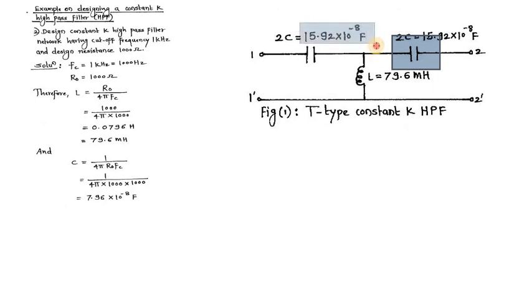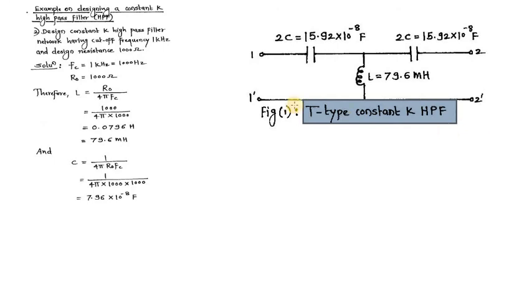So it is 15.92 into 10 raised to minus 8 farad, and similarly this is 15.92 into 10 raised to minus 8 farad. Now as far as inductance is concerned, a shunt arm branch consists of only one inductor, so L must be equal to what was obtained during the calculation. So this is how you get the T type constant K high pass filter.